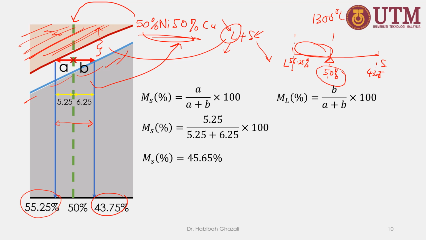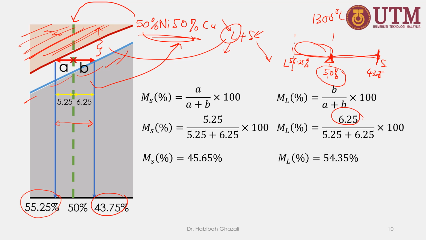And therefore, we get that the mass fraction of our solid is 45.65%. And for our liquid, we get it by using the length from the solidus line to the fulcrum. That will be 6.25 divided by the overall length times 100%. And our mass fraction for liquid is 54.35%.